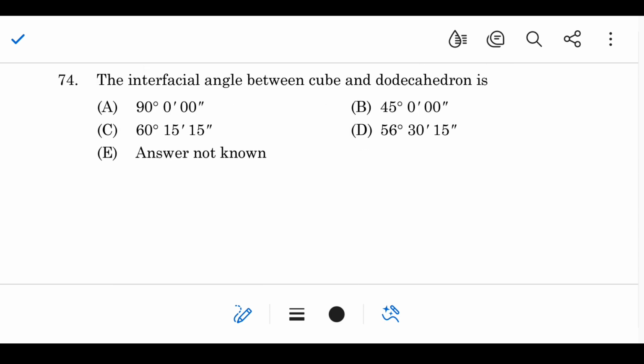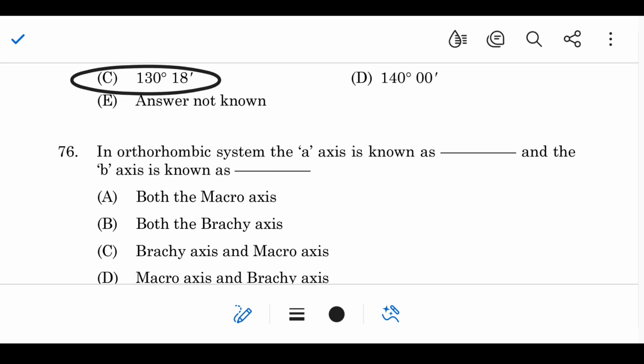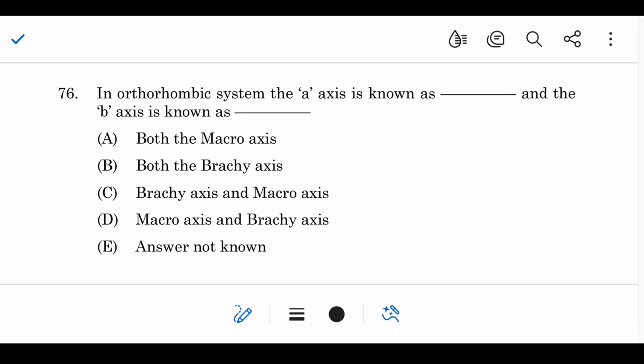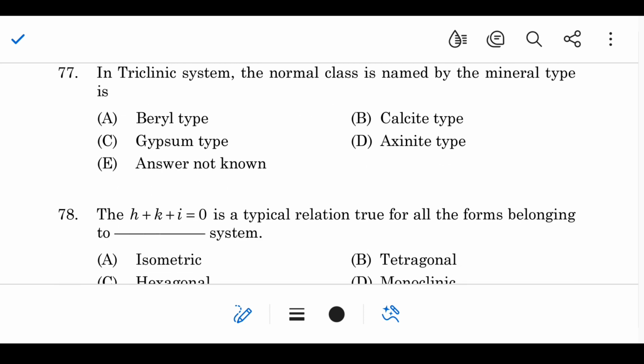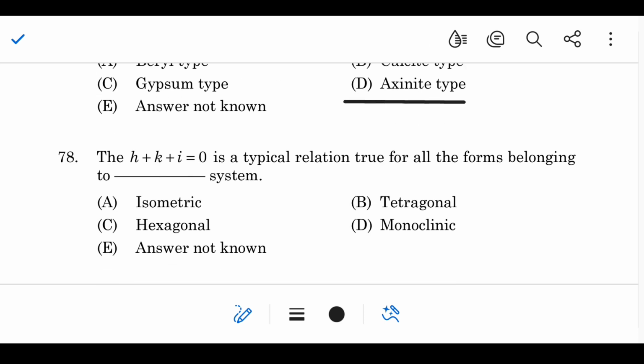74th question. The interfacial angle between cube and dodecahedron is 45 degrees. The interfacial angle between prism and pyramidal face of apatite crystal is 130 degrees. In the orthorhombic system, the A axis is known as brachy axis and the B axis is known as macro axis. In the triclinic system, the normal class is named by mineral type, axinite type.